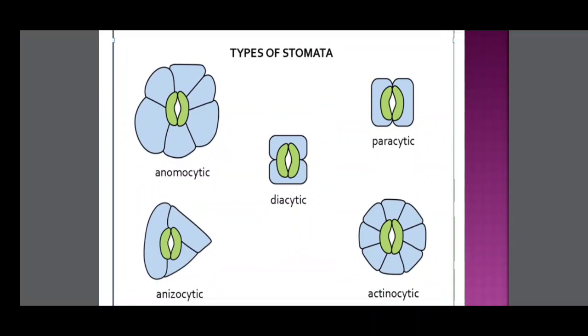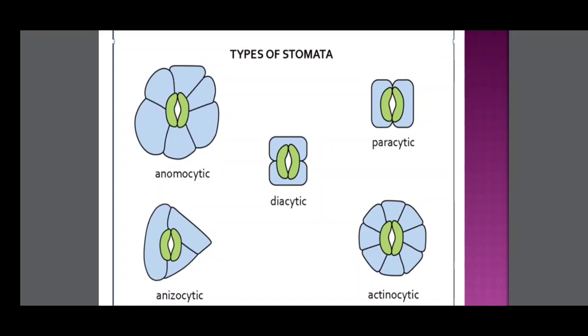Before the types of stomata, you remember one thing: every stomata is surrounded by 2 guard cells. These guard cells are surrounded by subsidiary cells. Subsidiary cells are different from epidermal cells. Guard cells and subsidiary cells together are called the stomatal complex.